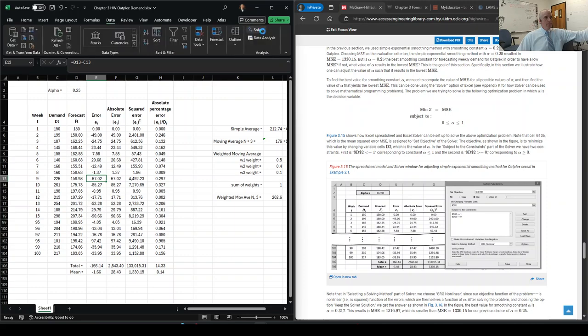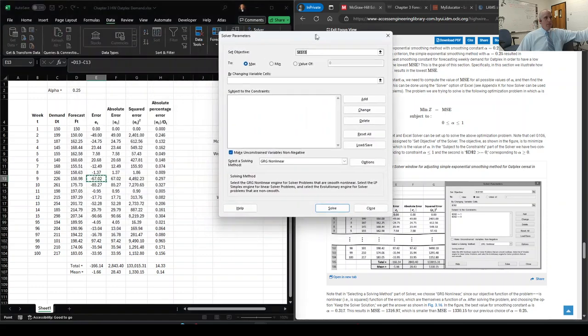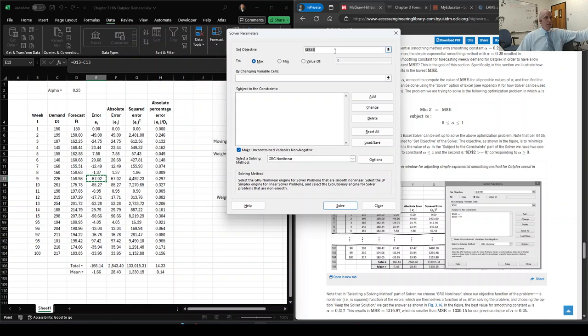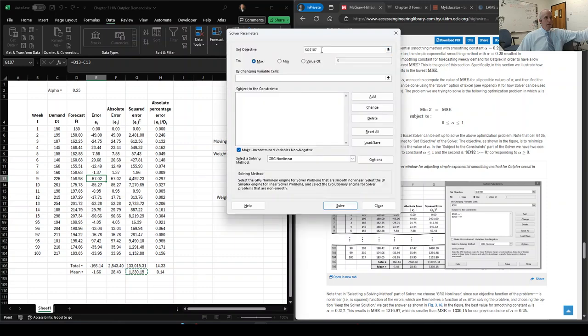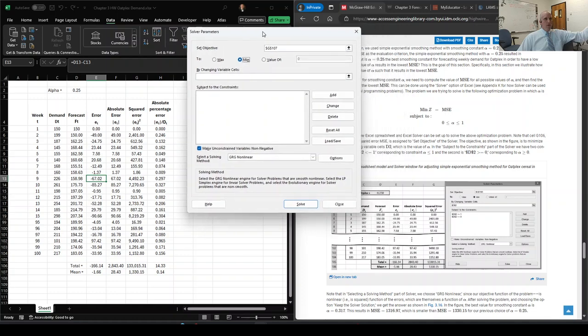And in the Data tab, the way we're going to set this up is we're going to minimize our objective cell. What's our objective cell? 1330.15. That is our objective, and we're going to minimize that. See that option there? We're going to minimize G107. G107 is the mean squared error.